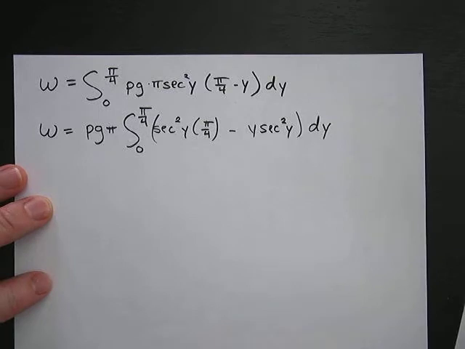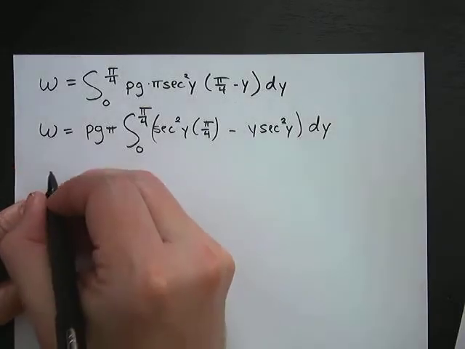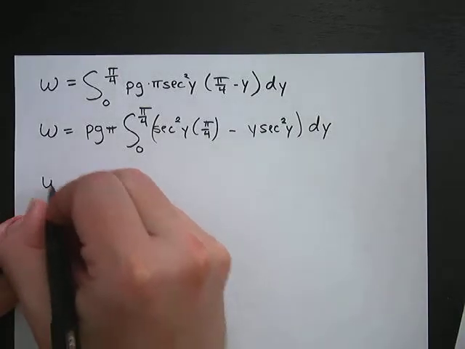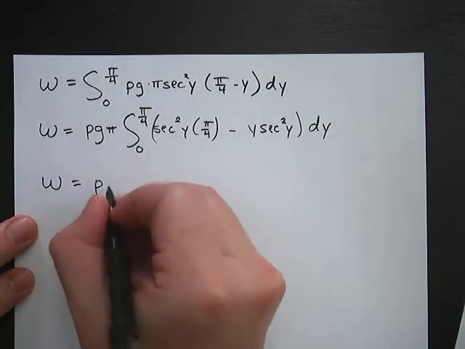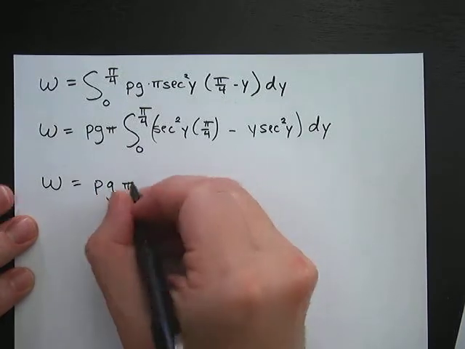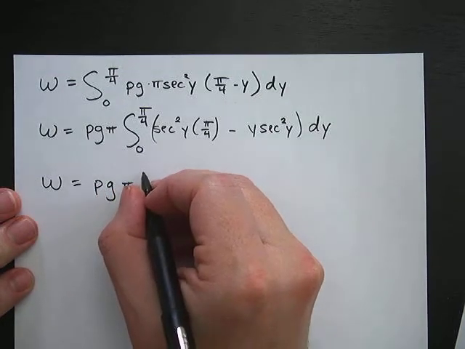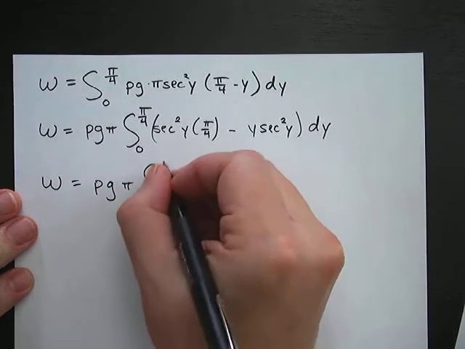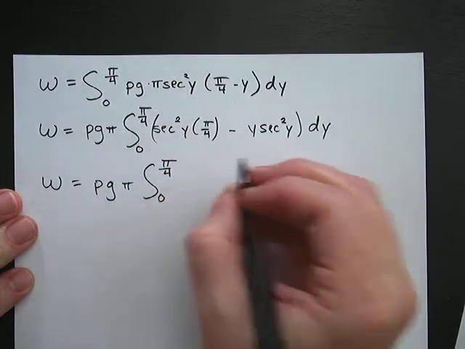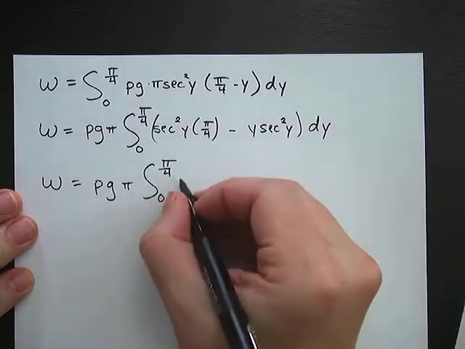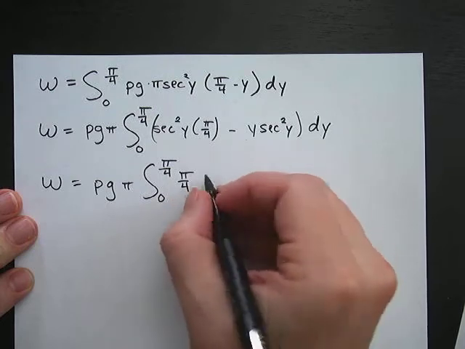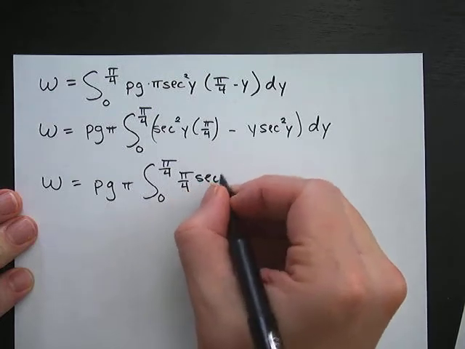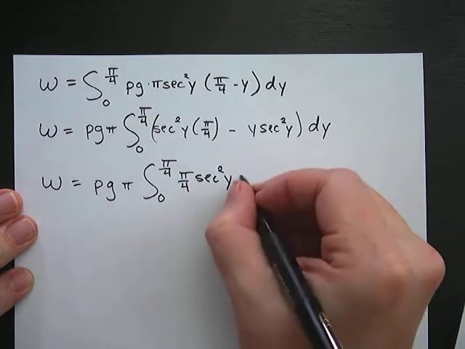Okay, so we're going to need to split this up into two separate integrals. Our first integral will be from 0 to pi over 4 of pi over 4 times secant squared y dy.